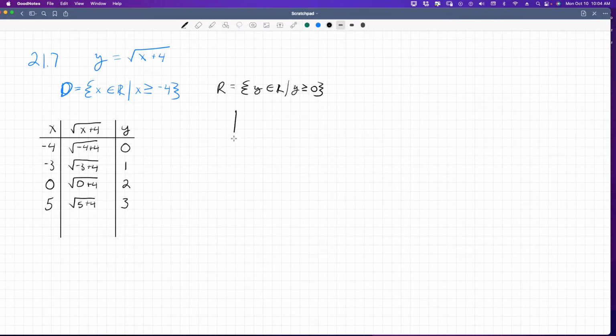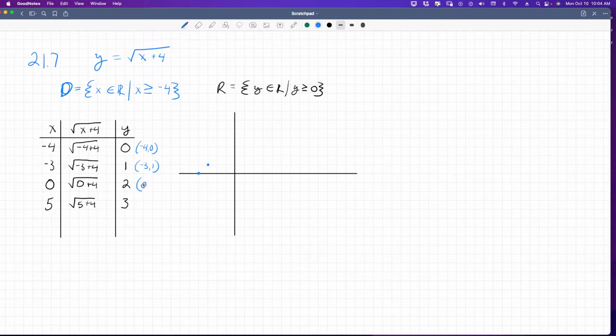So I'm going to put my lines here and right about here. Let's switch colors to make it easy to see. So my first point is going to be -4 and 0. So that's going to be 1, 2, 3, 4 on the 0 right there. My next point is -3 and 1. So 1, 2, 3 and positive 1 right there.